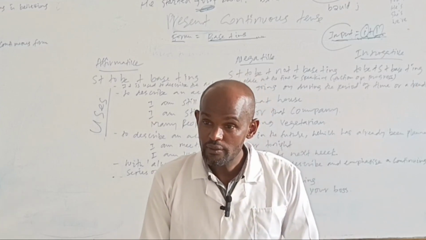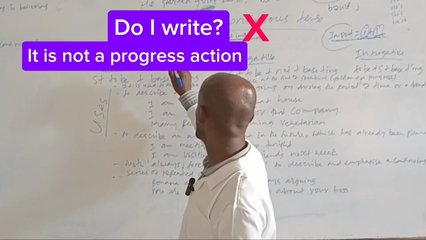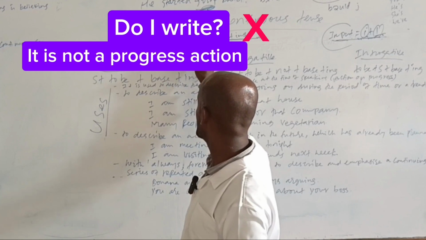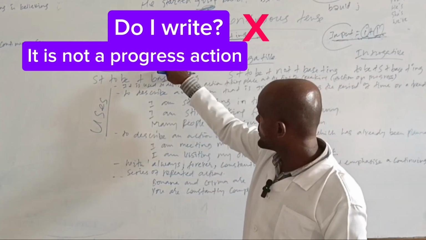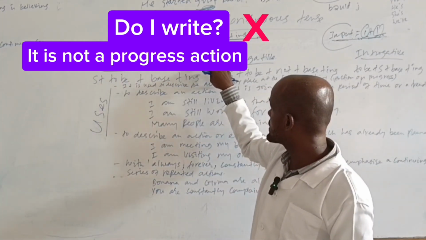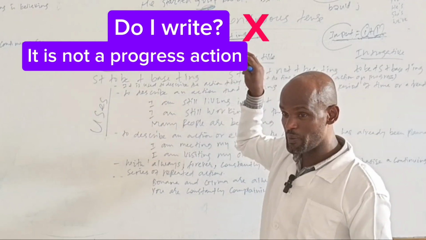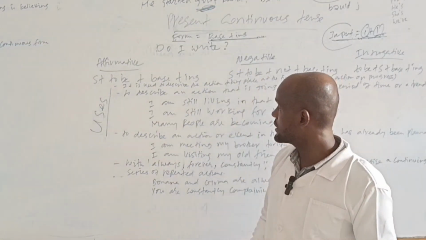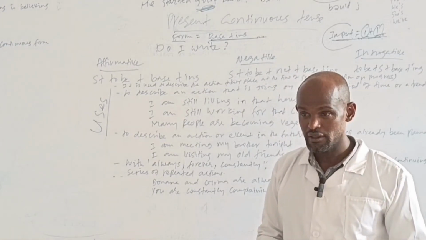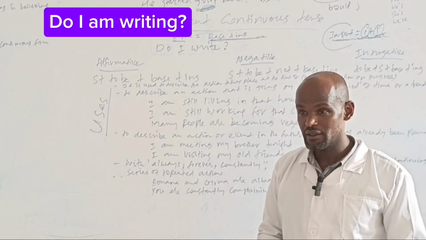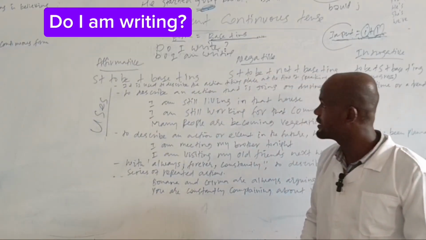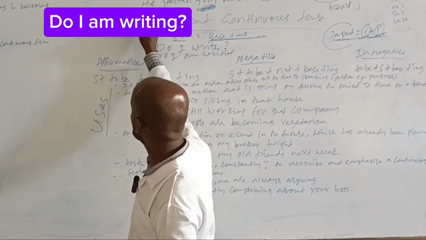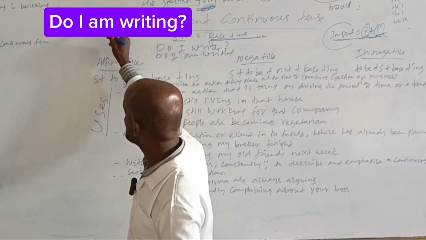You said, do I write? Do we have anything that shows continuous? Is there a progress action here? So what we're talking about here is progress. Do I am writing? Are we supposed to use verb to do or verb to be?